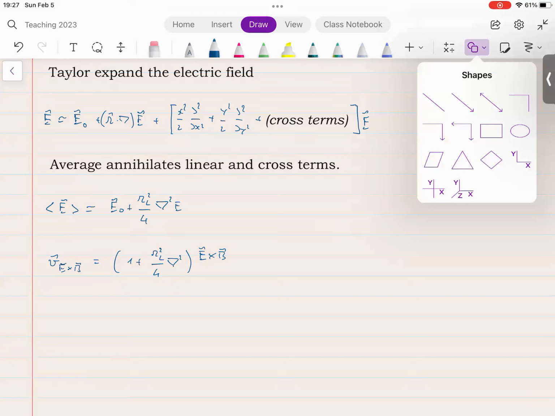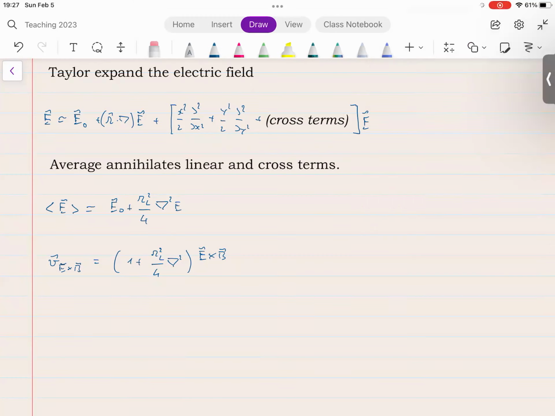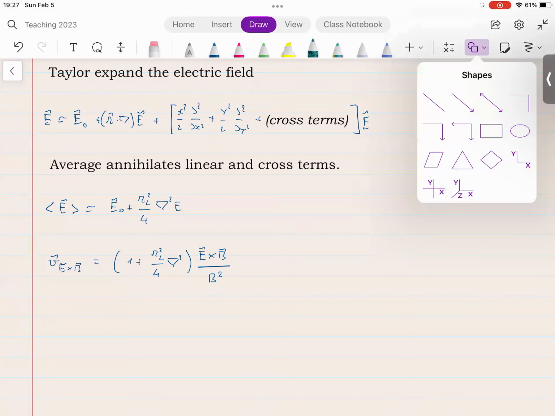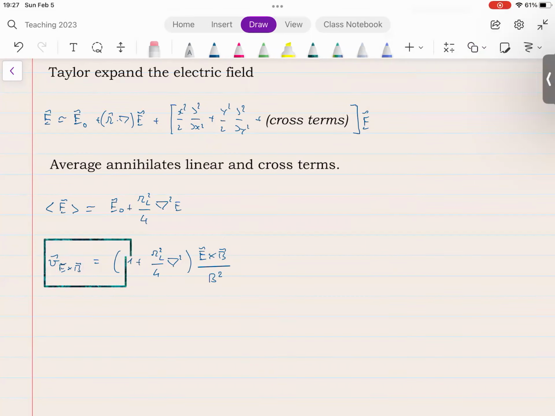I'm only changing one field at a time. Okay, that's the modified expression for my E cross B drift.